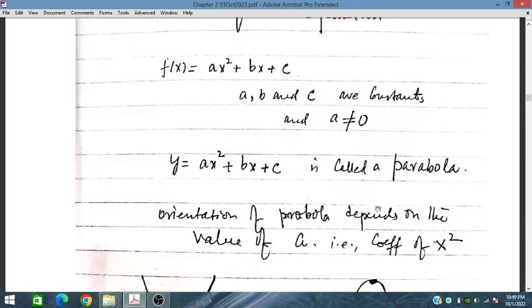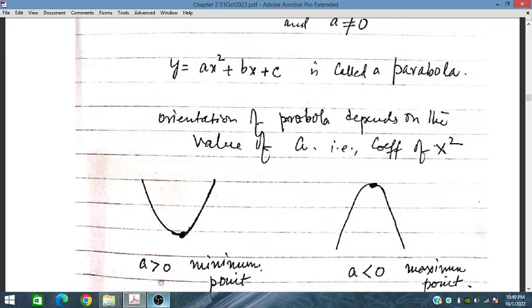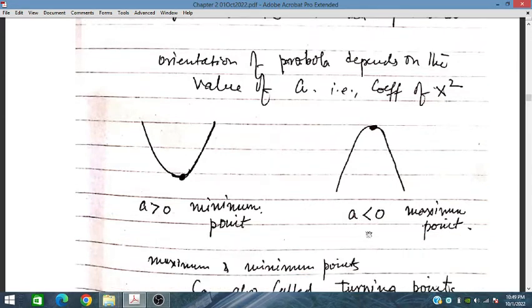The orientation of the parabola depends on the value of a, the coefficient of x². If a is greater than 0, that is, if this coefficient is positive, then we have this kind of parabolic structure, while if a is less than 0, then we have this kind of parabolic graph.